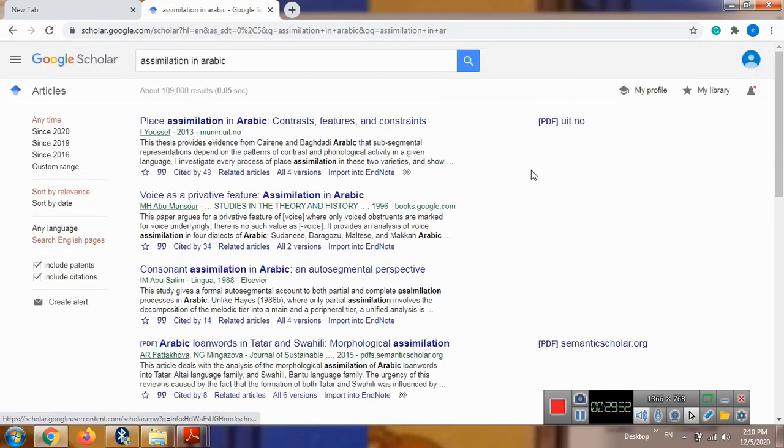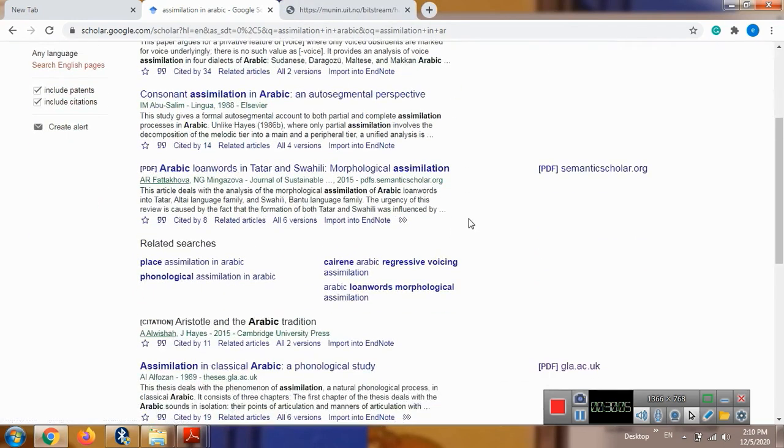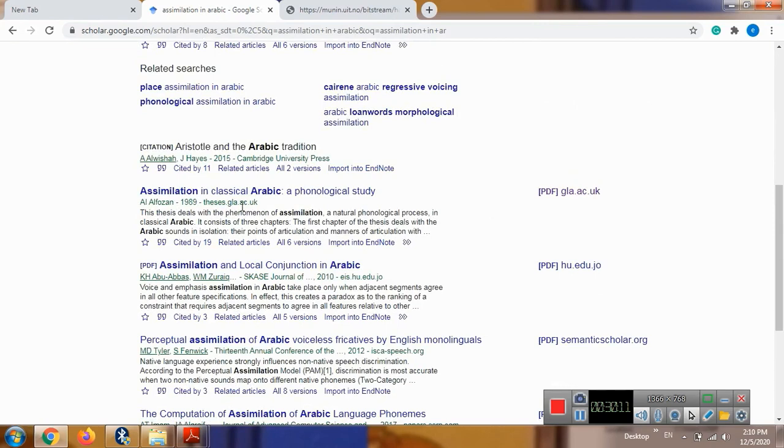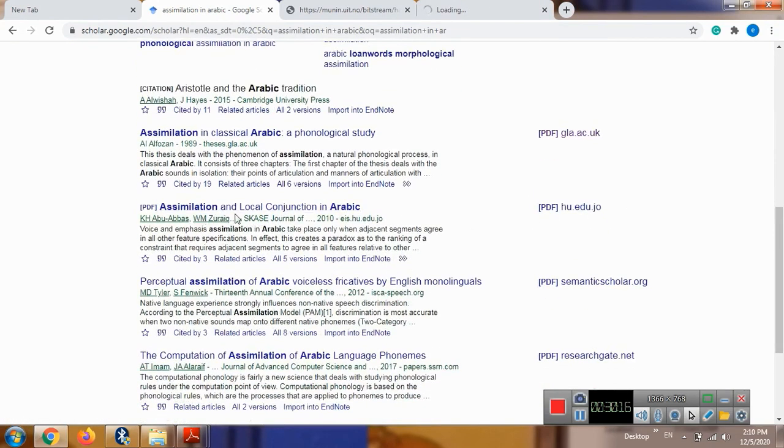For example, those who have the PDF form of that article can download it. For example, I want to download this article, which is place assimilation in Arabic. Others, for example, are Arabic loanwords in Tatar and Swahili: morphological assimilation; assimilation in classical Arabic: a phonology study; assimilation and local conjunction in Arabic.